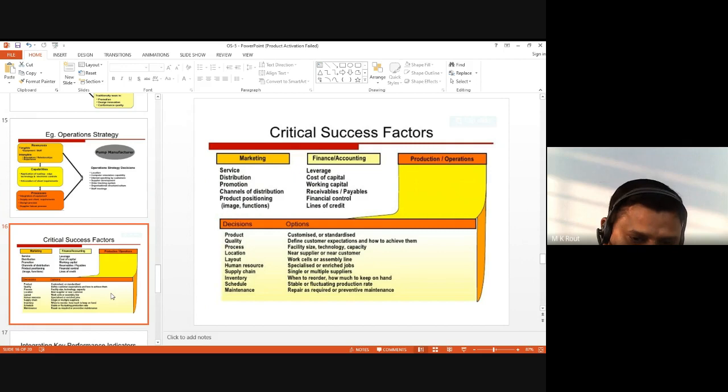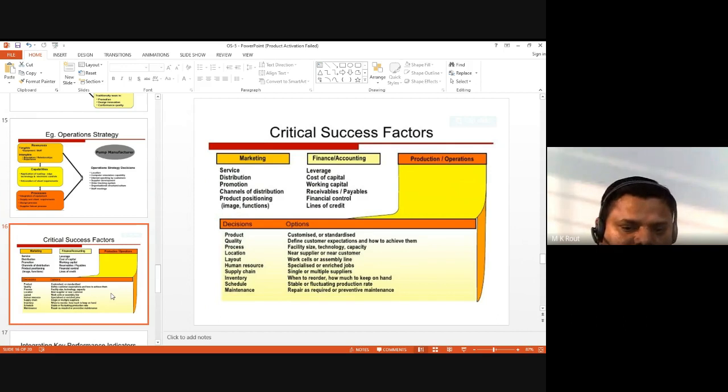Then in the decision part, the product and the option are customized or standardized. In case of quality, that is defining customer expectation and how to achieve them. In case of process, that is facility size and technology capacity. In case of location, that is near supplier or near customers. In case of layout, that is work cell and assembly lines.